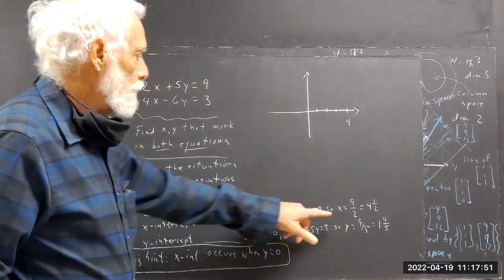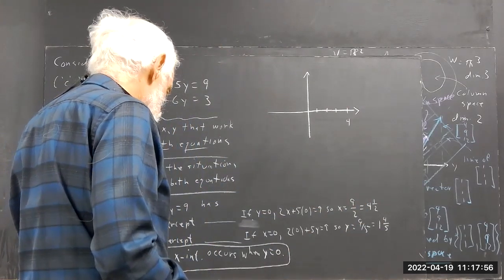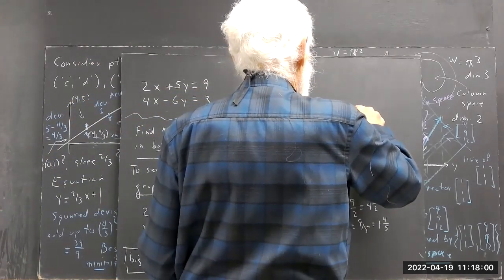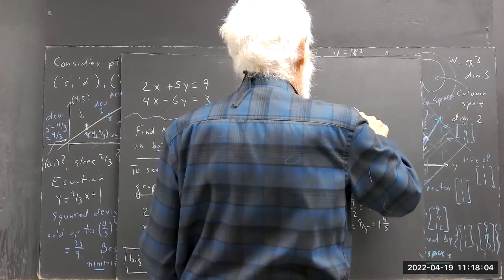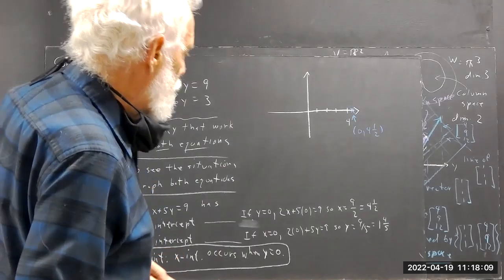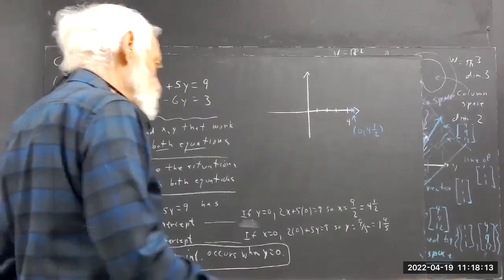So if y is 0, x is 4.5. Let's put that point here. And it's not 0, 4.5, it's 4.5, 0.